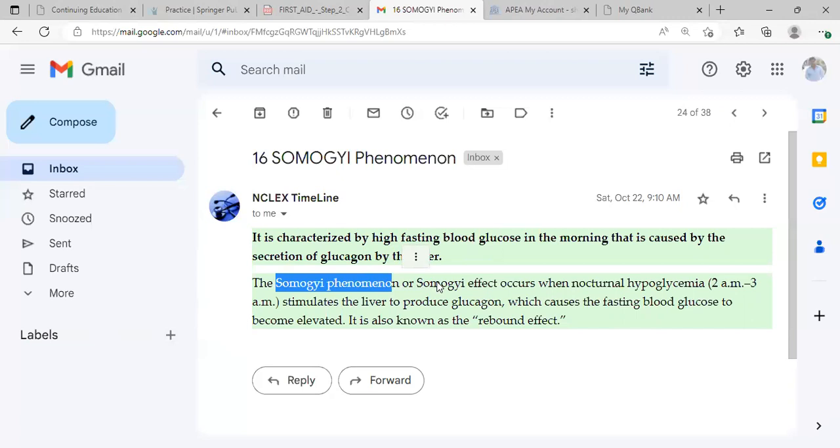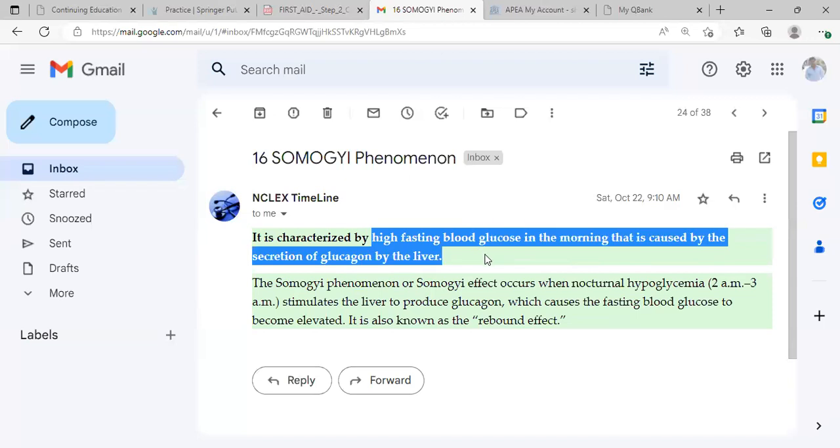What is that? A patient has diabetes, but the patient's blood sugar level is increased in the early morning. So it is characterized by high fasting blood glucose in the morning. Morning means not 8 a.m., not 7 a.m. Morning means in the midnight, 2 a.m., 3 a.m.